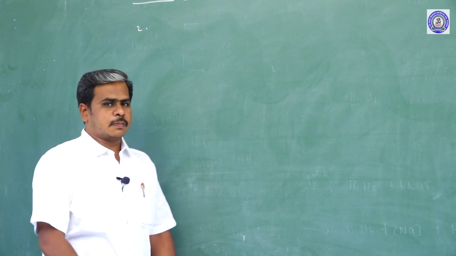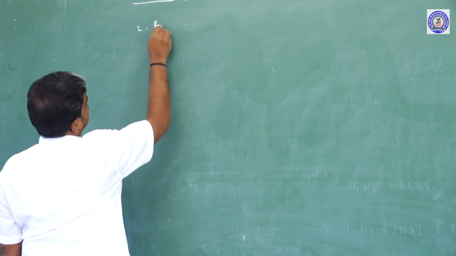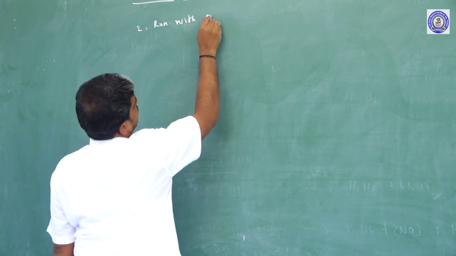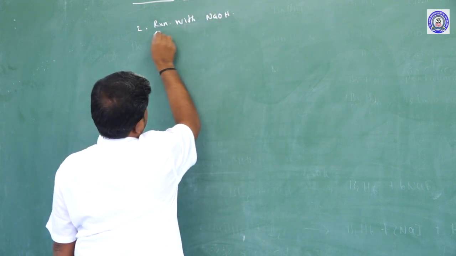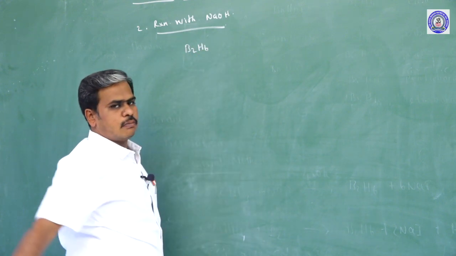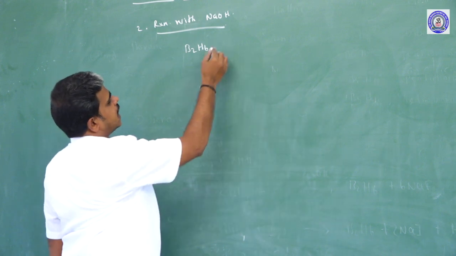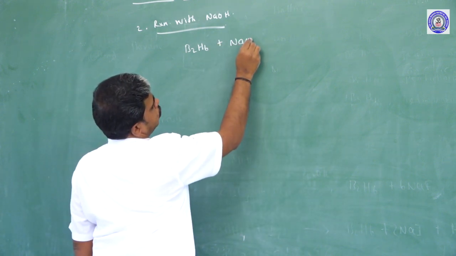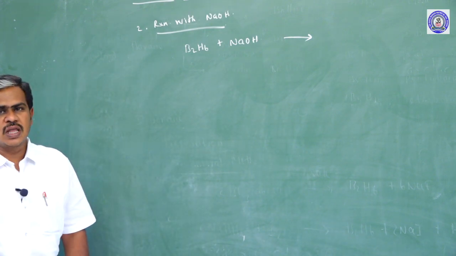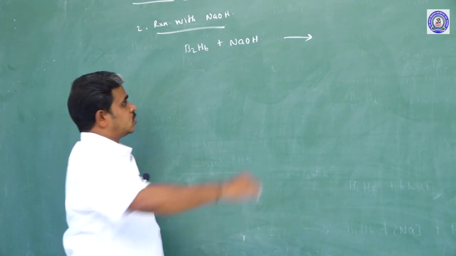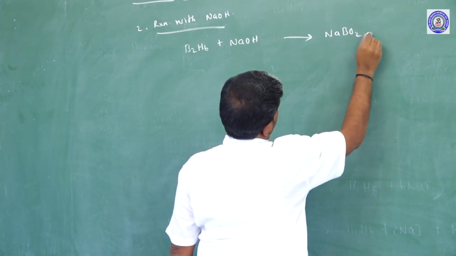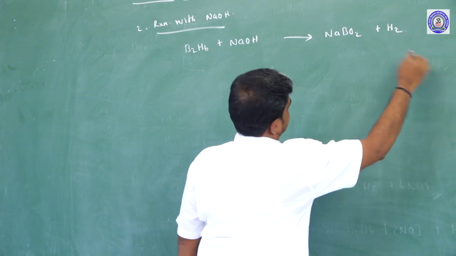The second chemical property is reaction with alkali, that is sodium hydroxide. When diborane, B2H6, is reacted with sodium hydroxide or alkali, it forms sodium metaborate, NaBO2, and hydrogen.